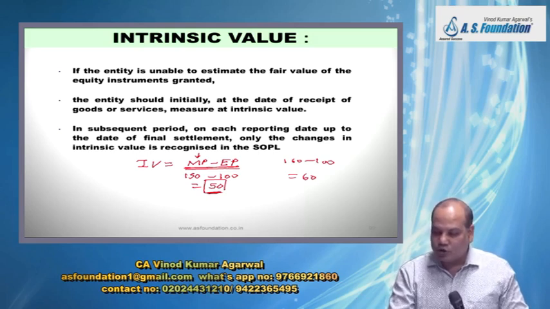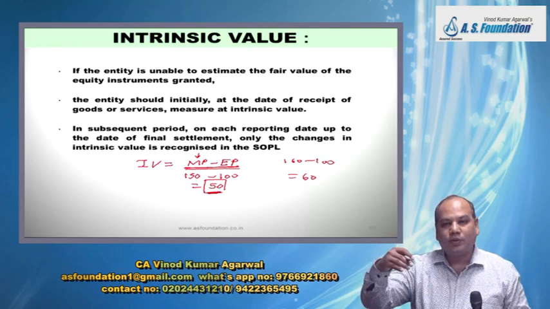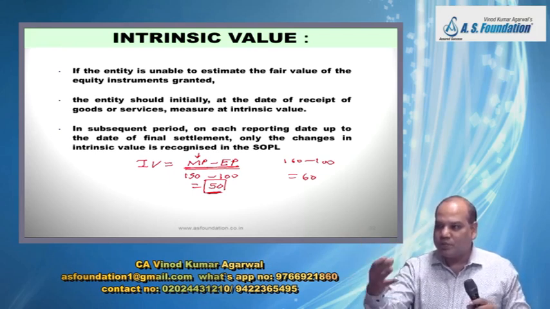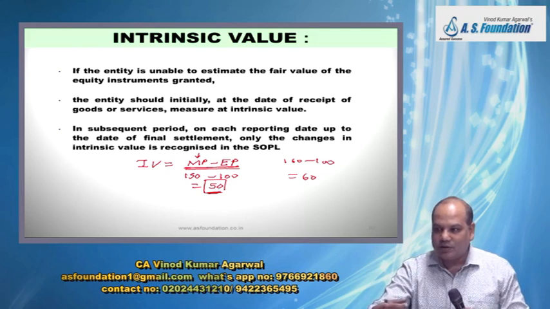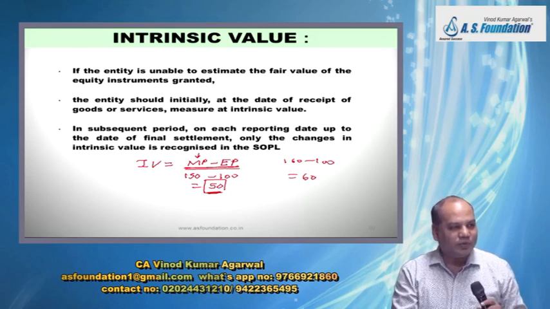if it is based on intrinsic value, not on fair value, because fair value takes into account the probable prices in future also, because it is based on option valuation models like Black and Scholes, which takes into account the volatility in the share price, time, interest rate, etc. But here I am directly taking the current price of the share.